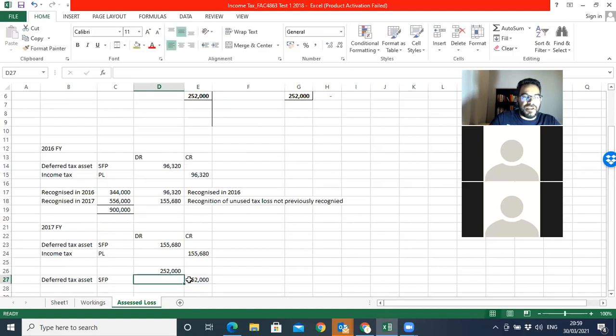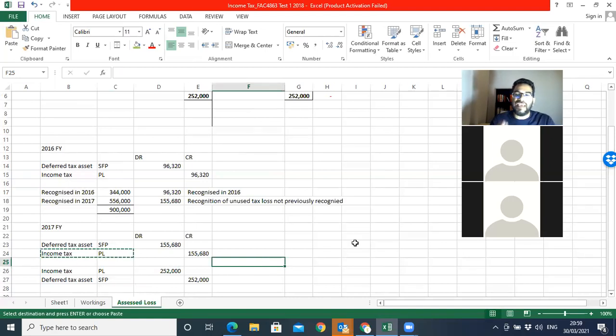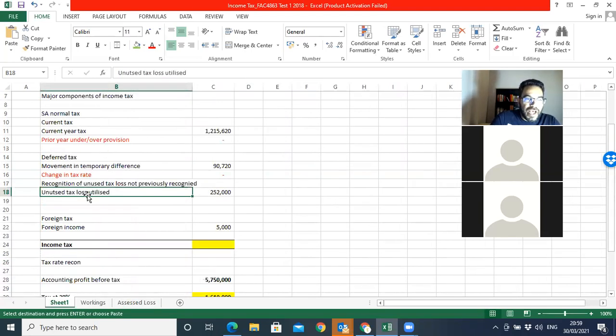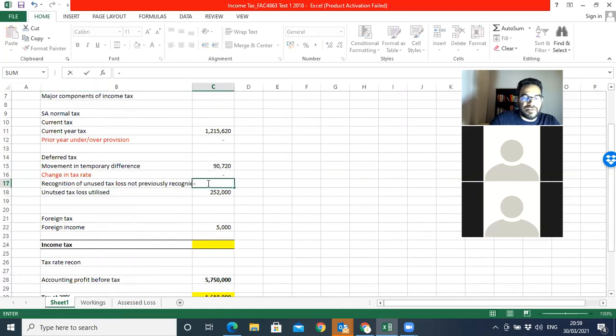The debit to deferred tax always goes to income tax. This all relates to profit or loss line items. I'll take the full thing to profit or loss, and that's my journal entry. A debit to income tax increases income tax. That is why for the unused tax loss, it's positive, but over here, it's going to be negative 556,123 times 28%, because I need to reduce.